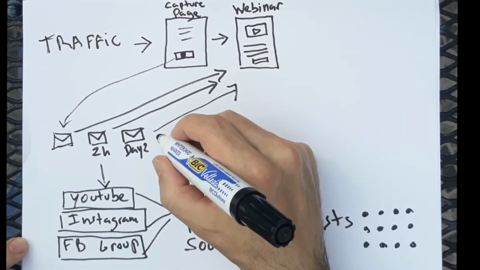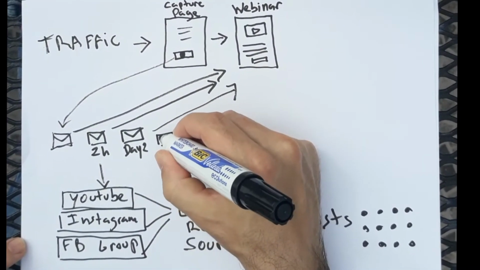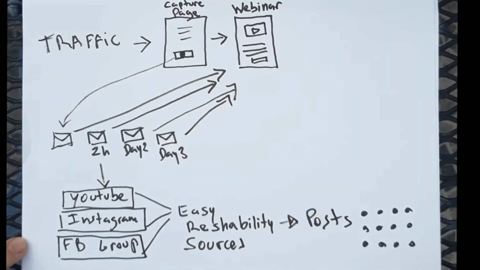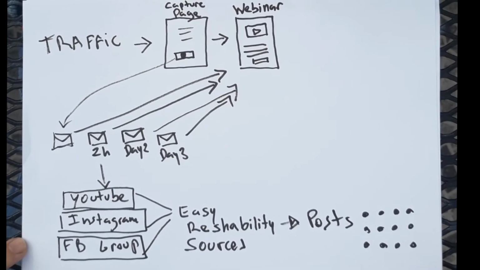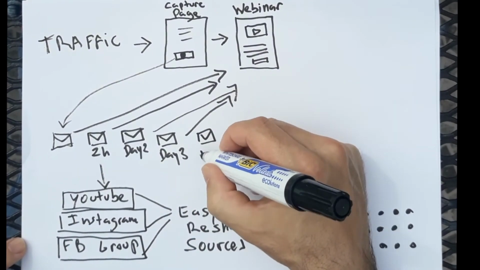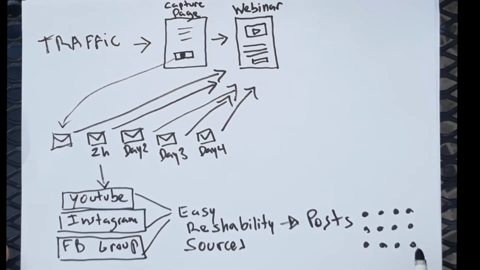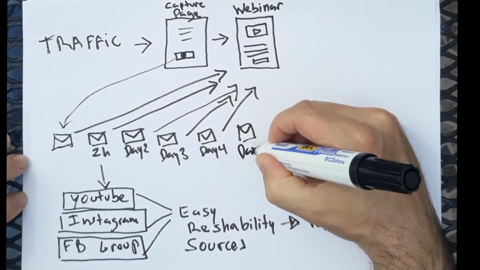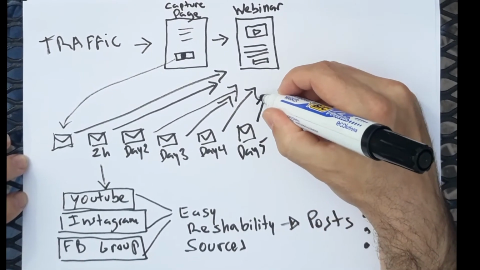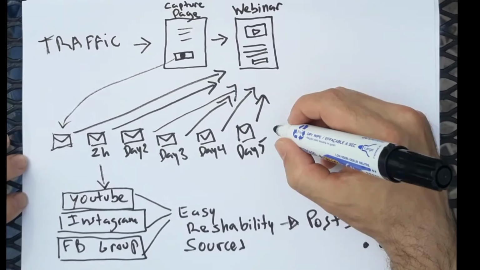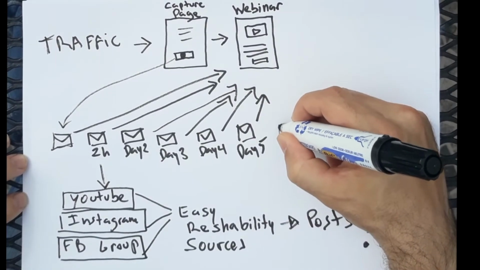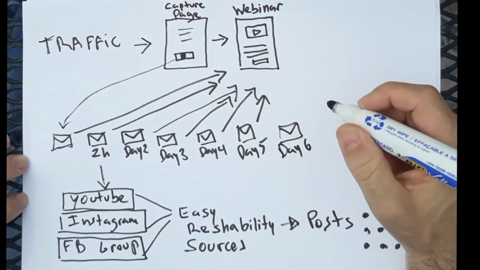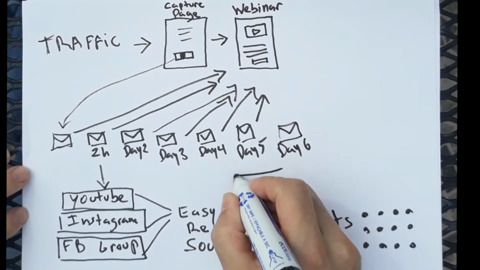On day 2, again, I send them another email sending them back to the webinar page. On day 3, again, I send them to the webinar. Day 4, send them again to the webinar. And in these emails, I am showing them my results, my student results, and I'm telling them how they are missing out by not joining this incredible way to make money, this training.